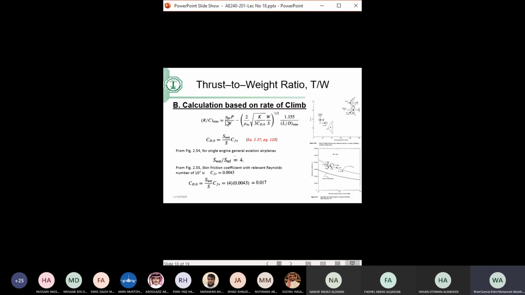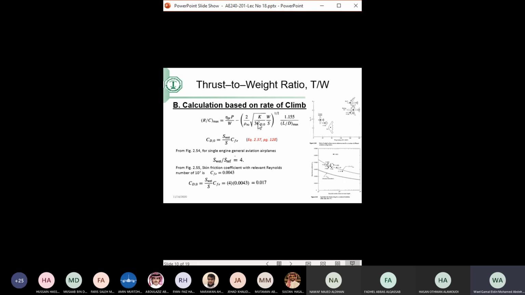Efficiency of the propeller, 0.8, we know that. L over D max, we know that, 14. Do we have the drag polar, K and CD naught of this aircraft? No. This is not a problem in a quiz where the instructor will give you the drag polar. We don't know what the drag polar of the aircraft would be, so we have to estimate it somehow.